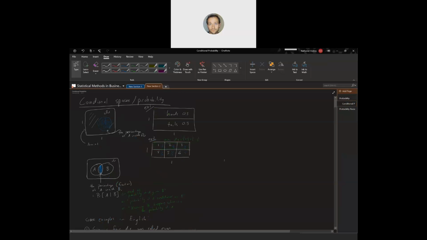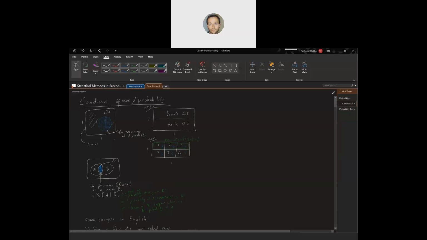So last class we started to talk about this thing called a conditional probability space. This is a circumstance when, from the original space that you have, omega, there is some subset of these events that you're being told has occurred.